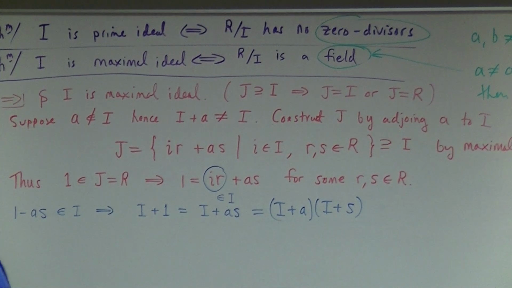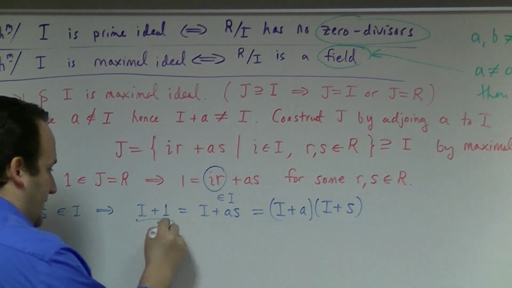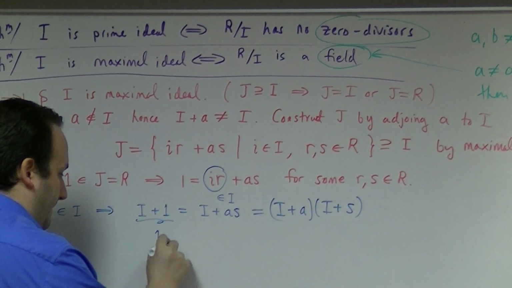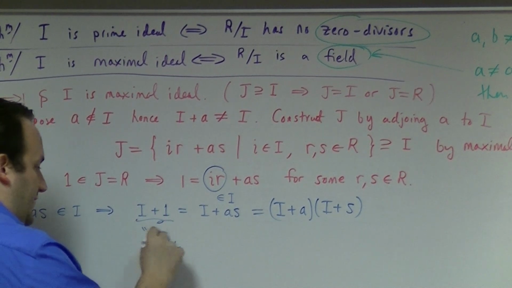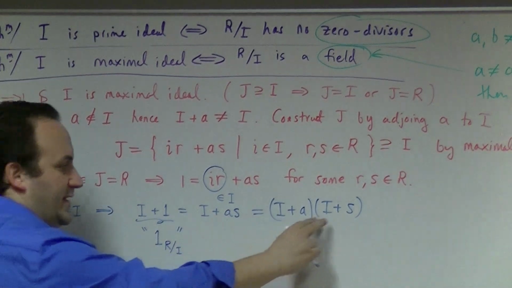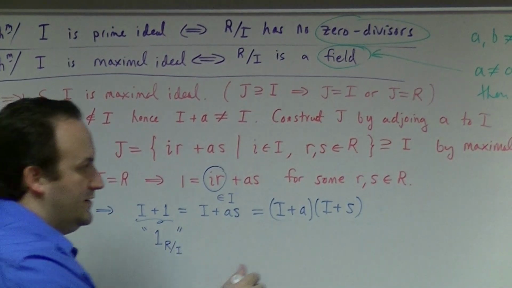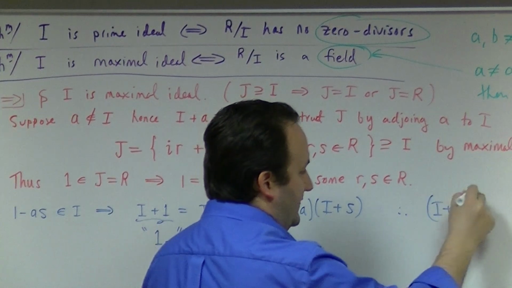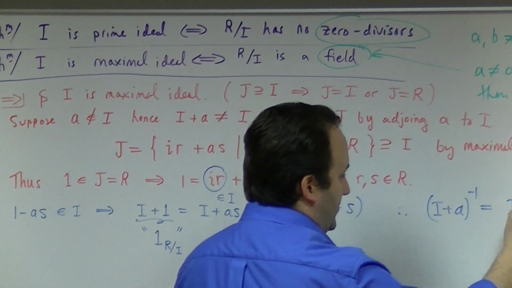So this really is the number 1 in the factor ring, if you want to give it a more cumbersome name. So I have the product of I plus A and I plus S is equal to 1. Therefore, I plus A inverse is equal to I plus S.